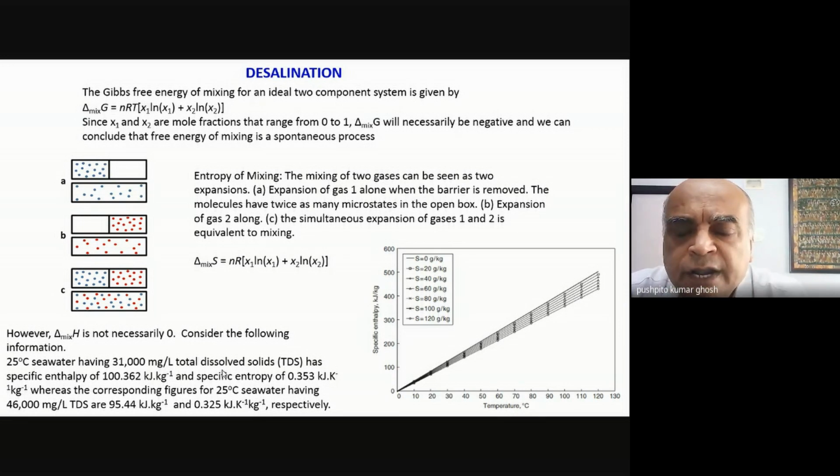Although we are already at a situation where obviously the low-hanging fruits have been more or less solved, and that's how the power cost has come down by a factor of 3 to 4. Obviously, it will be more diminishing returns, but every percentage improvement is important. So let us try and understand desalination.